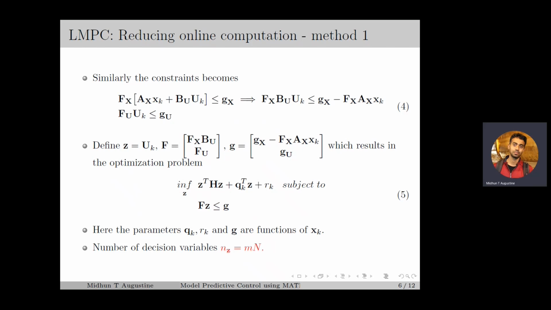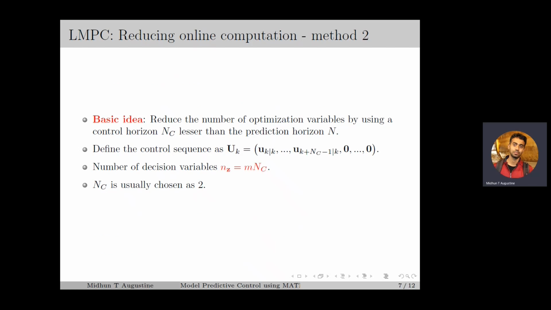Therefore, the current state information is required for solving this optimization problem. Also, we can see that here the decision vector is equal to Uk. Hence, the number of decision variables in Z, or Nz, is equal to m times N. So this reduces the online computation.